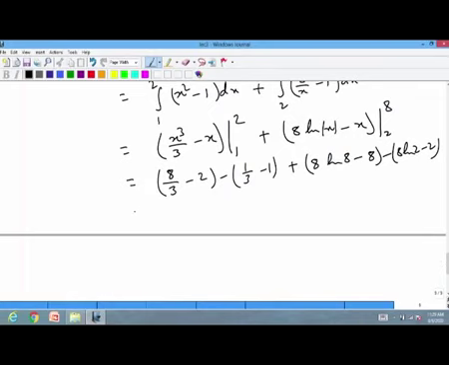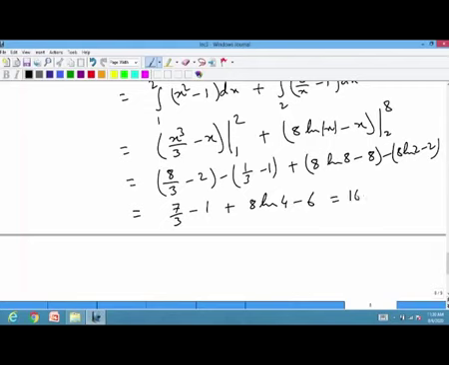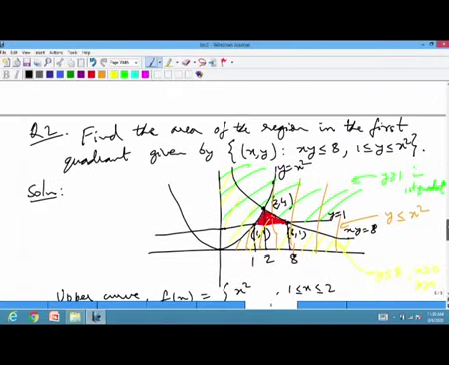And this is equal to 7 by 3 minus 1 plus 8 log 4 minus 6, which is equal to 8 log 4, which is the same as 16 log 2, minus 14 by 3. So, this is the answer for this.